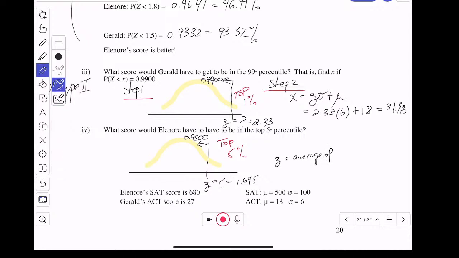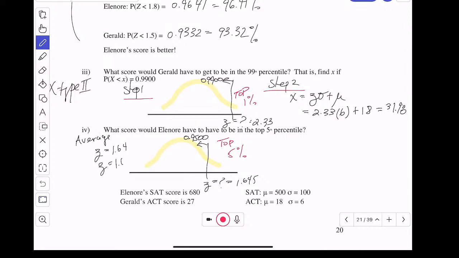So let me clean this. Hold on. So I get this from an average, and so you get 1.645. And now that's step 1.